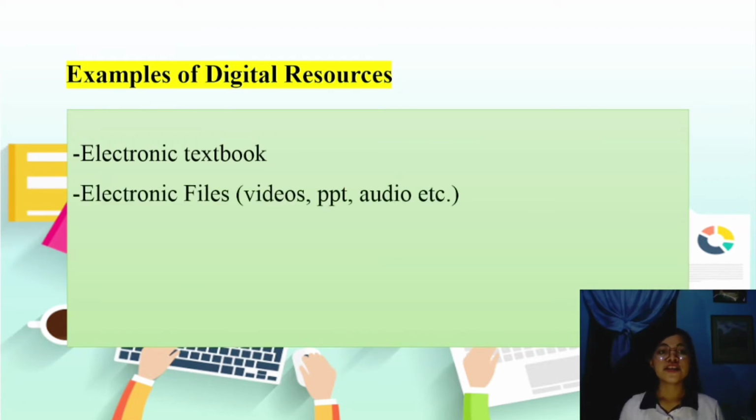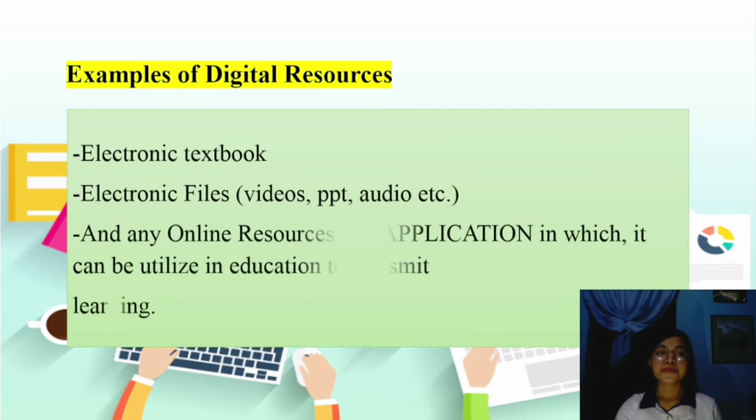Next, electronic files like videos, PPT or PowerPoint, audio, and so on. Next, any online resources like applications which can be utilized. Ano nga ba ang utilize? Means it is the effective use of technology in education to transmit learning.